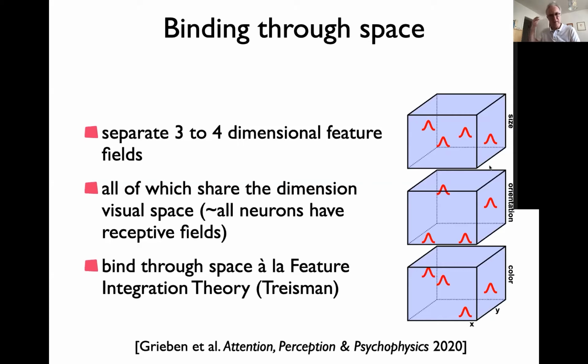If you go very high in cortex, for instance to IT, you find that these receptive fields are large. They can sometimes be like half the visual array, but not the whole visual array. So they are localized, and they have a profile. They're still spatially structured, right? They're not equally sensitive anywhere in the visual array. So that's a notion that you share the dimension of space.